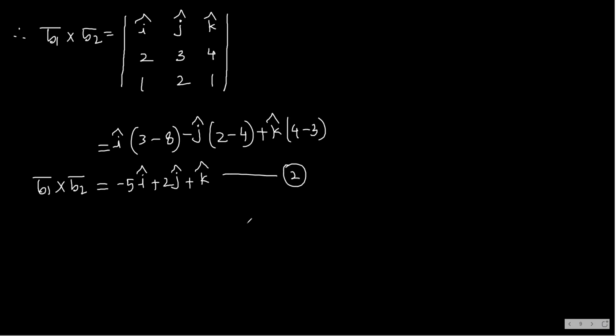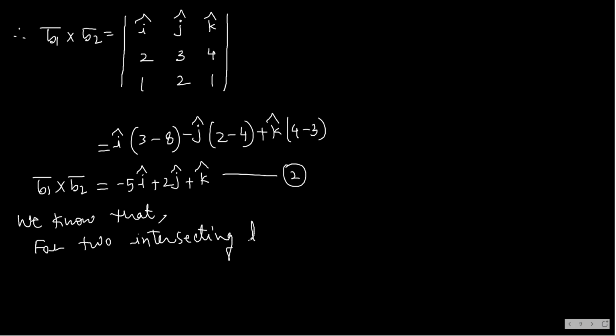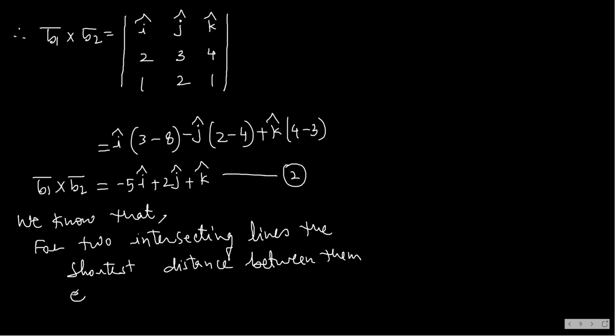Okay. Now students, when two lines are intersecting each other, the shortest distance will be 0. We know that for two intersecting lines, the shortest distance between them is equal to 0.